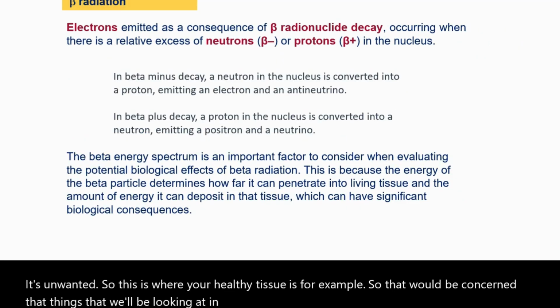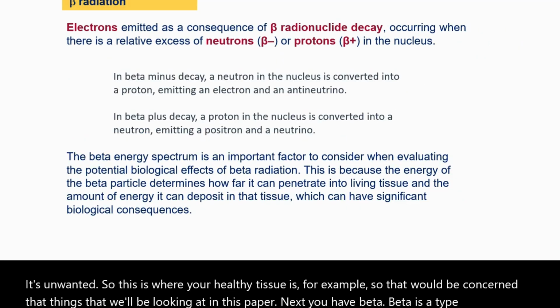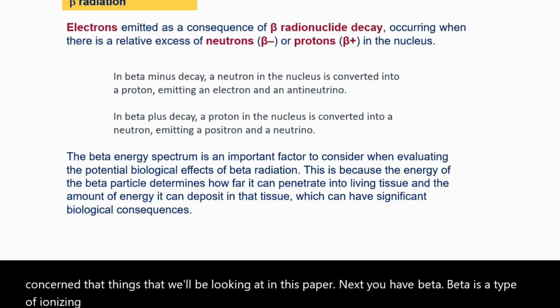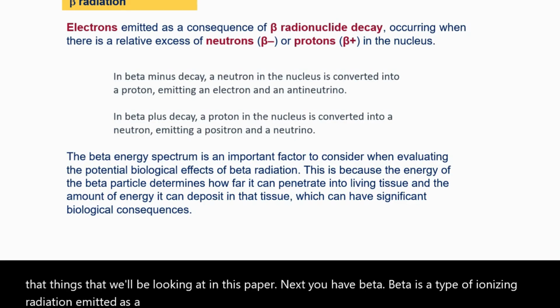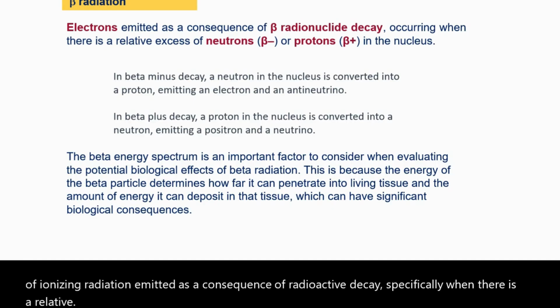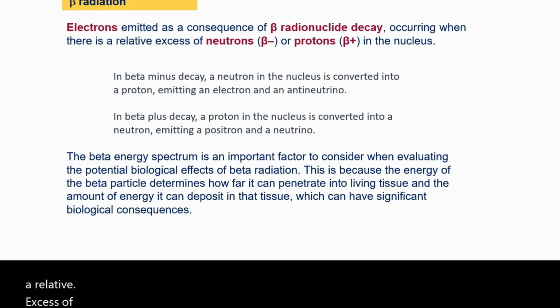Next, you have beta. Beta is a type of ionizing radiation emitted as a consequence of radioactive decay, specifically when there is a relative excess of neutrons for beta negative, or protons for beta positive or positron, in the nucleus of a radioactive atom.